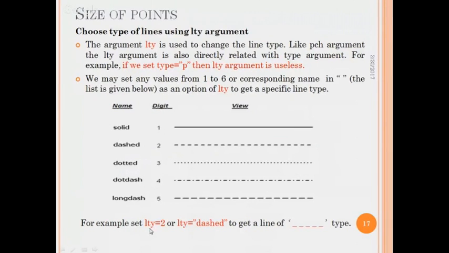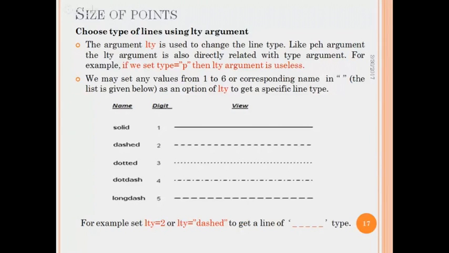So there are two ways to modify the line type: either LTY equals to 2, that is the numeric way to assign the value to this argument, or you can specify it using the name of that particular line type, like dashed or dotted or long dash. It is always given in double quotes. You will have to make use of this.